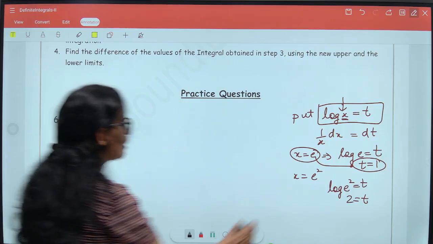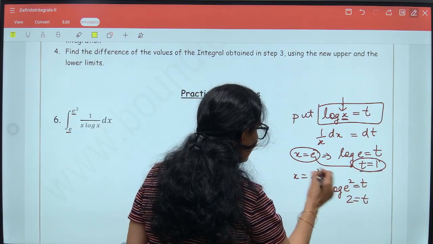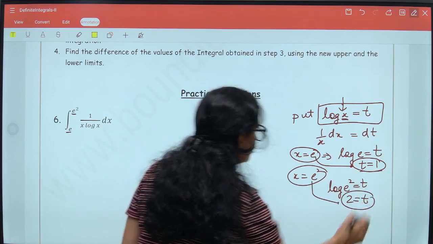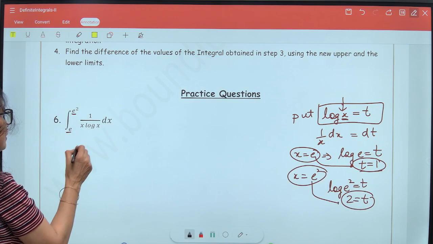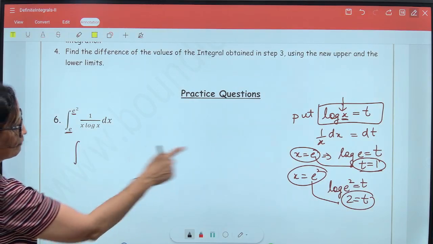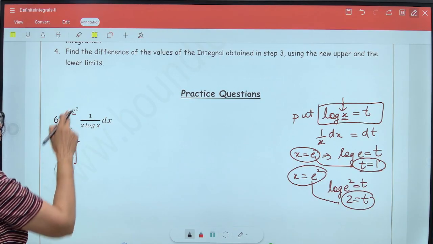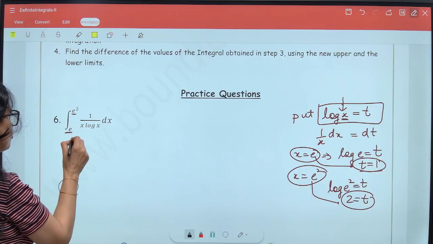So that means the lower limit changes to 1 and the upper limit changes to 2. So when we replace x with t, the new lower limit is 1 and the new upper limit is 2.